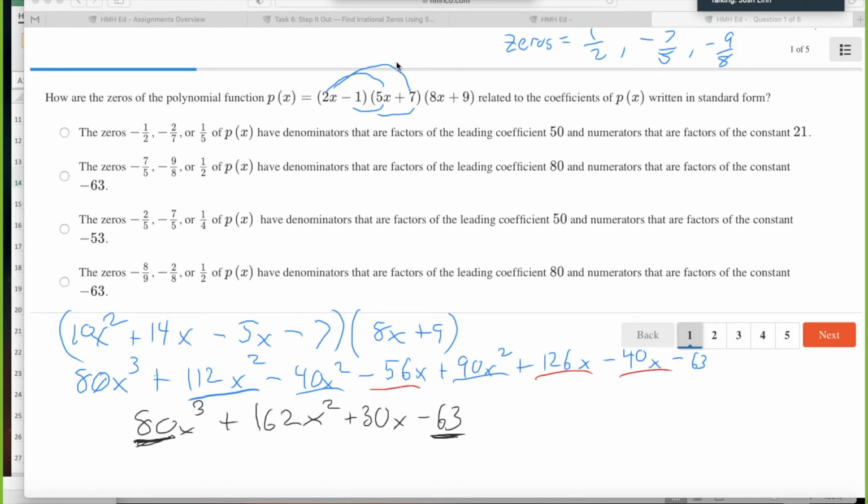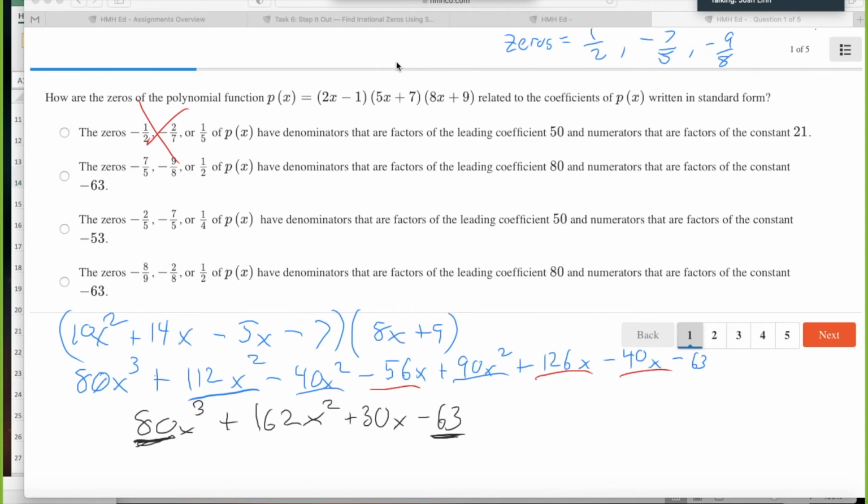So now we can look through these different answers and figure something out. Here are the zeros, negative 1/2, negative 27, or 1/5. So I'm going to go ahead and mark that out. Those are not our zeros. The next one says the zeros, negative 7 over 5, negative 9 over 8, or 1/2, of p of x have denominators that are factors of the leading coefficient.